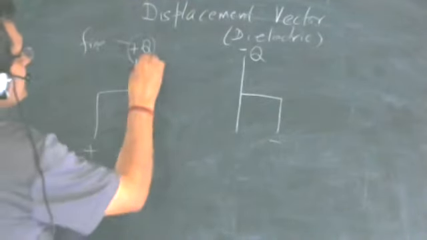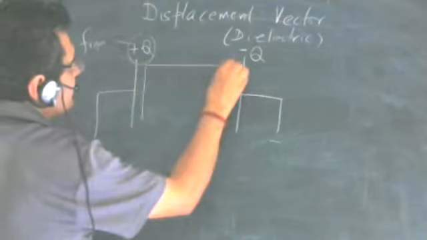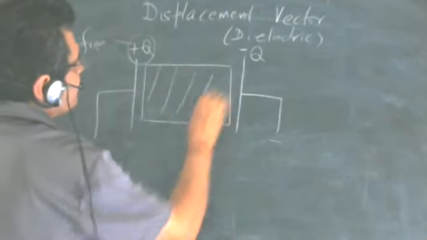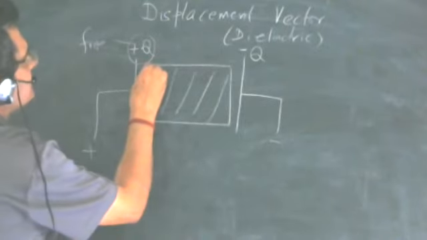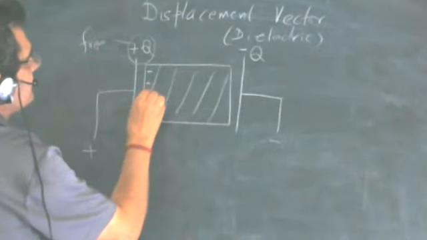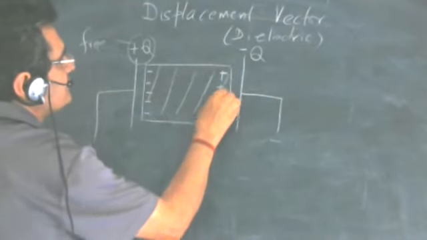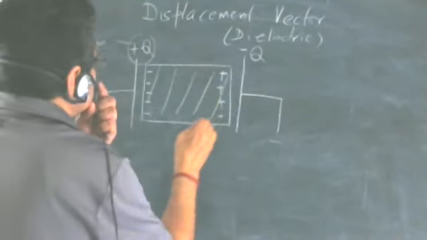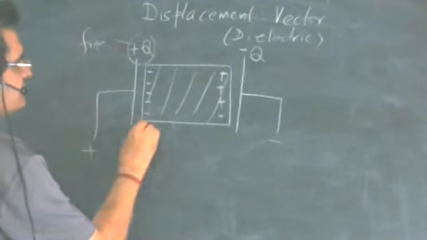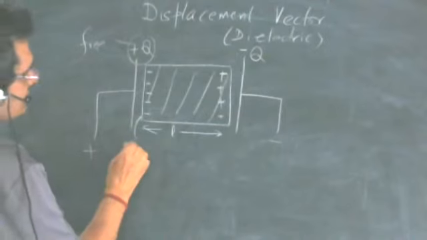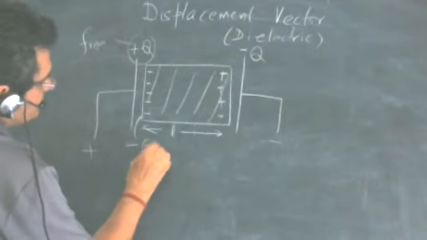These are free charges, and when you place a dielectric material in between these plates, there is a charge which appears negative on this side and positive on this side of the surface of the dielectric. The length of the dielectric is L, and this we call minus QP.